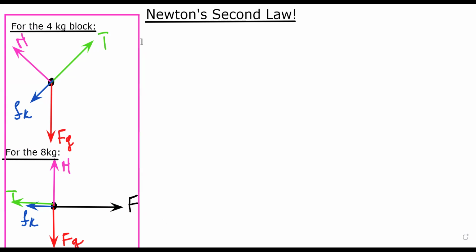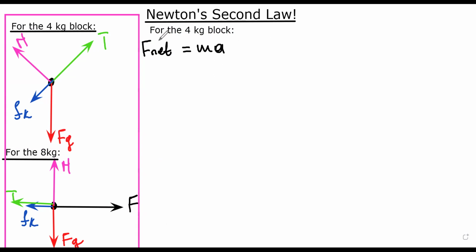So here we need to specify once again that we are focusing on the 4 kg block. And this is actually how we focus on the 4 kg block. We state Newton's second law of motion and say F net equals ma.